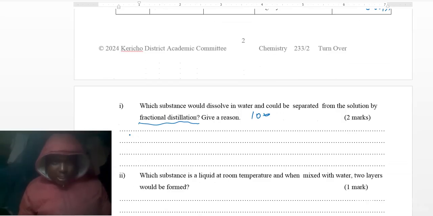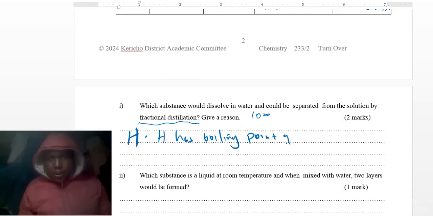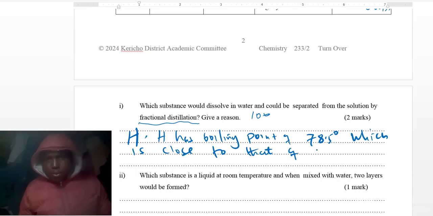Therefore the answer should be H. Reason is that H has a boiling point of 78.5 degrees, which is close to that of water, hence can be separated by fractional distillation.